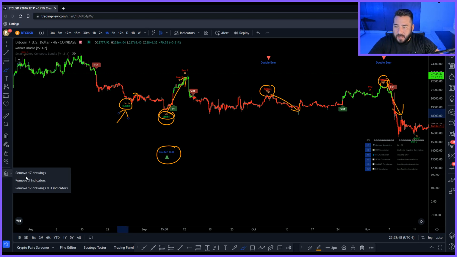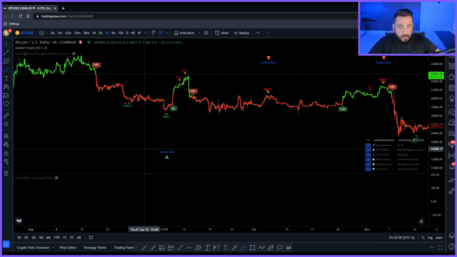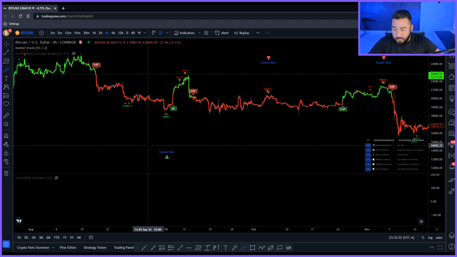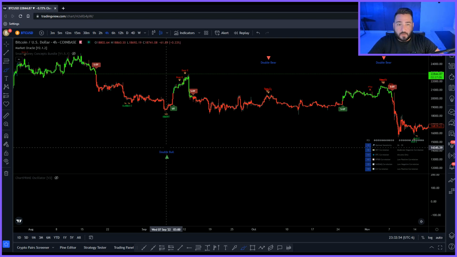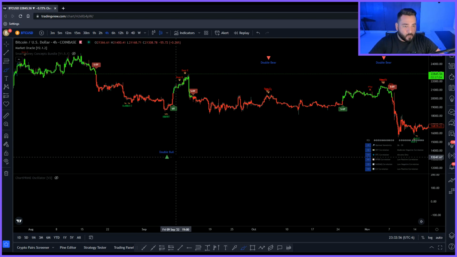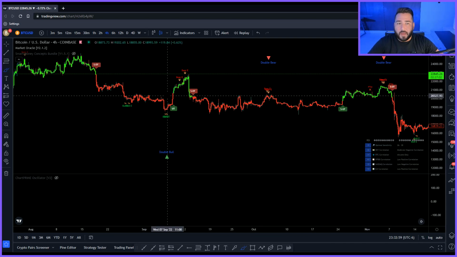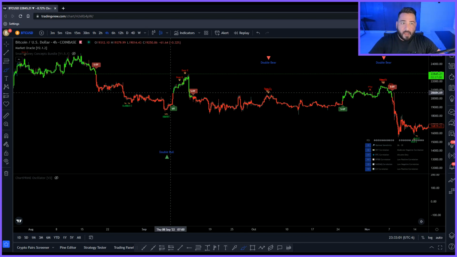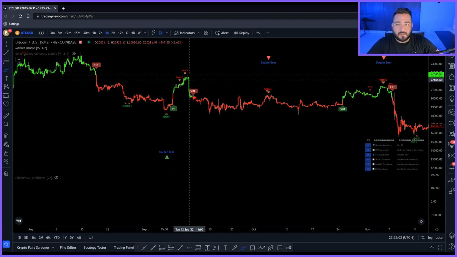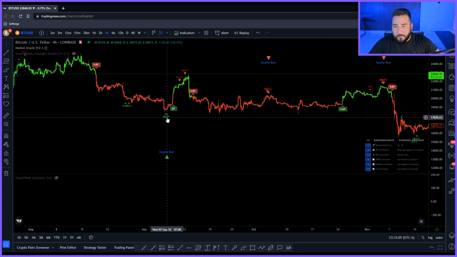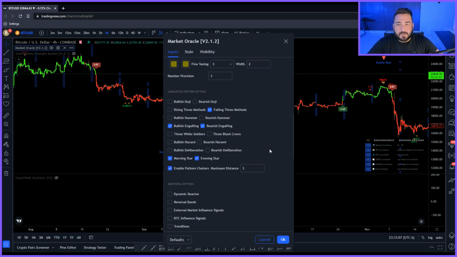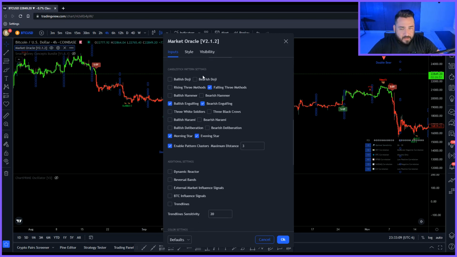So this is something that one of our members actually came up with, and shout out to JRB because he is the one finding the double bear pattern and double bull pattern, and especially on Forex this works great. So I think it is pretty self-explanatory what candlestick patterns do and what enabling pattern cluster does.